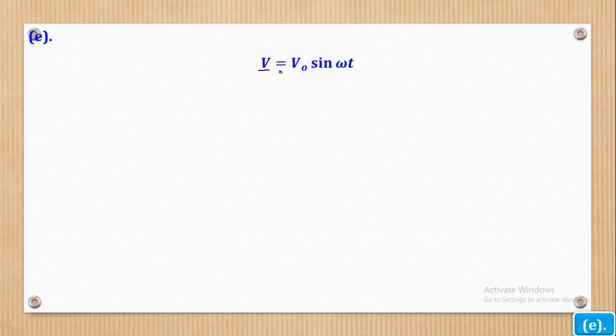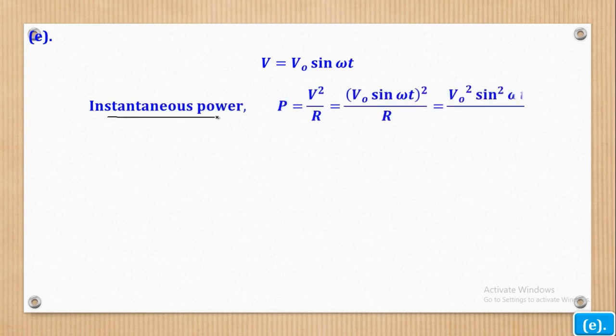So we are given that V is equal to V naught sine omega t. That implies that the instantaneous power, we know that instantaneous power is equal to V squared over R. But we know that V is this, therefore V squared will be the whole of this squared over R. Then when I open this bracket, this square affects this and this, so this will be V naught squared and this will be sine squared omega t.